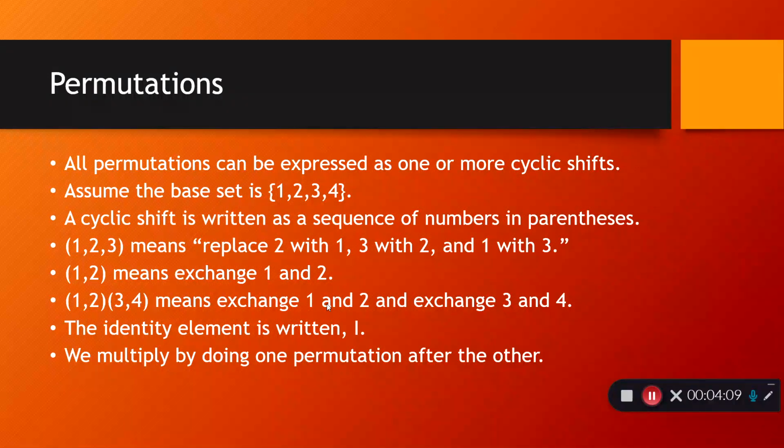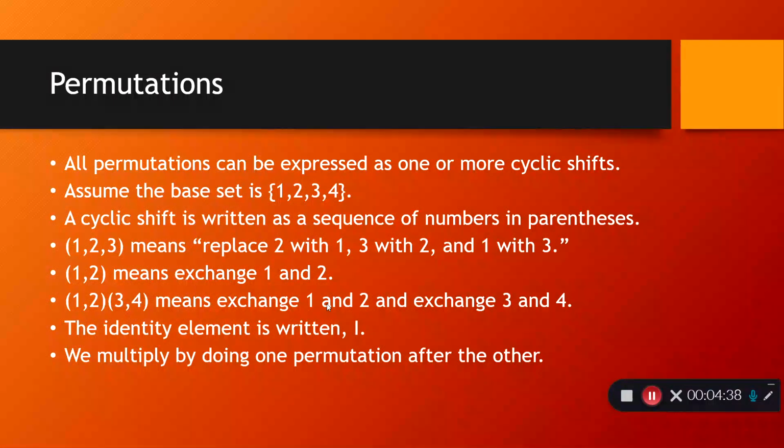Here we have a cycle (1, 2, 3), which means replace 2 with 1, so 1 goes to 2. Replace 3 with 2, so 2 goes to 3. And replace 1 with 3, so 3 goes to 1. So this is a cyclic shift.